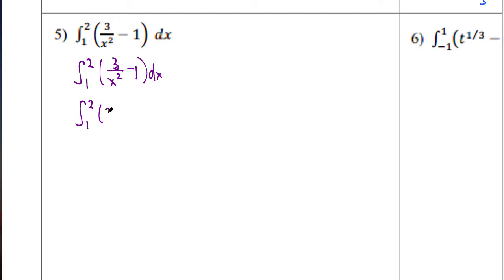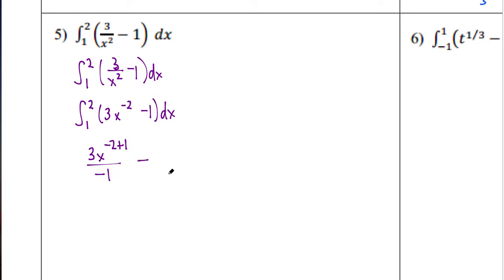So I'm going to rewrite this as 3 times x to the negative 2 minus 1 dx. And so now I'm going to take the antiderivative of each term. So the first term, I'll have 3x to the negative 2. So I'm going to raise that 1. And then that'll be negative 1. So I will divide by negative 1.